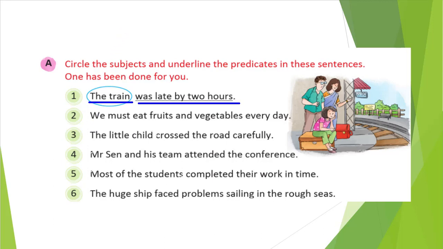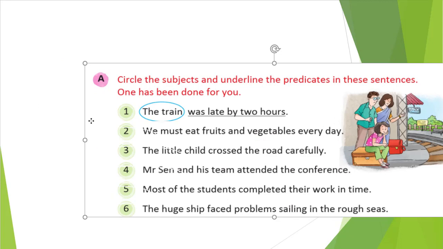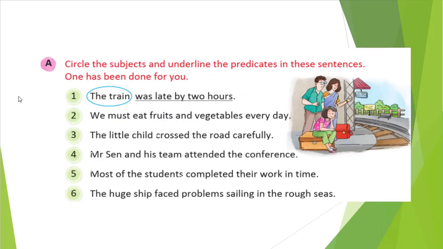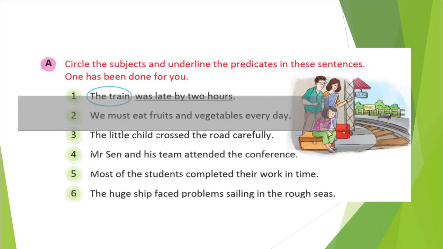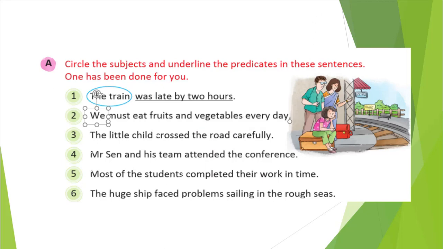Correct. You see the second question: we must eat fruits and vegetables every day. So what can be the answer? Think of it. We is our subject, correct? We is our subject and the remaining part is our predicate. So let me highlight it for you. You can see here, must eat fruits and vegetables every day, that is our predicate.